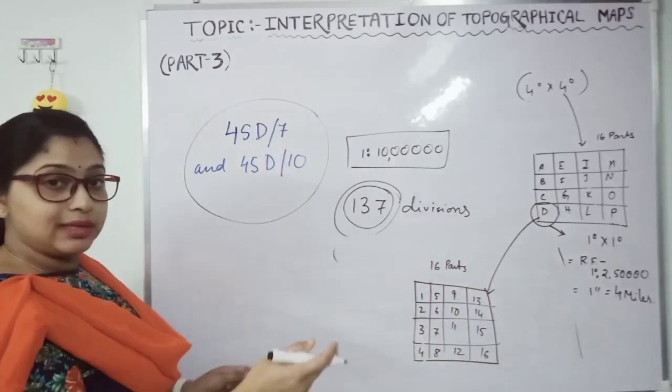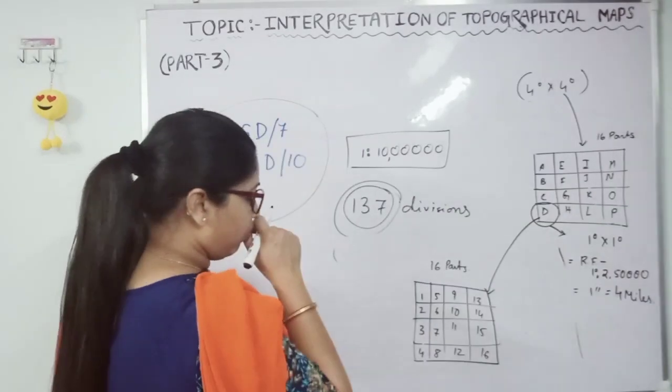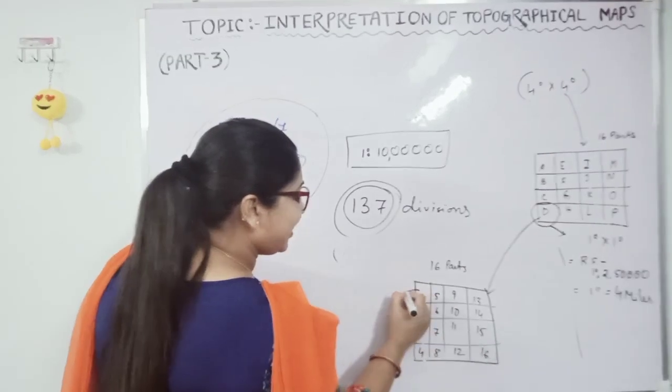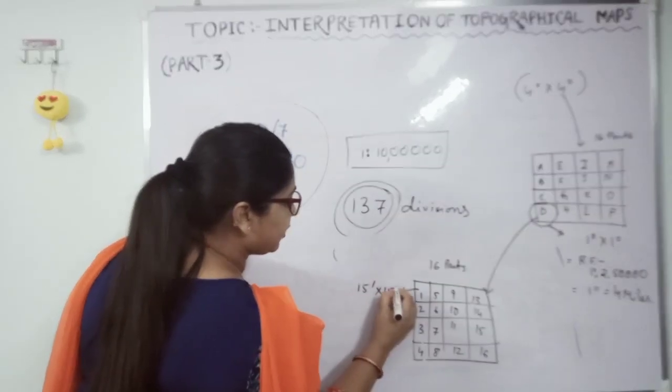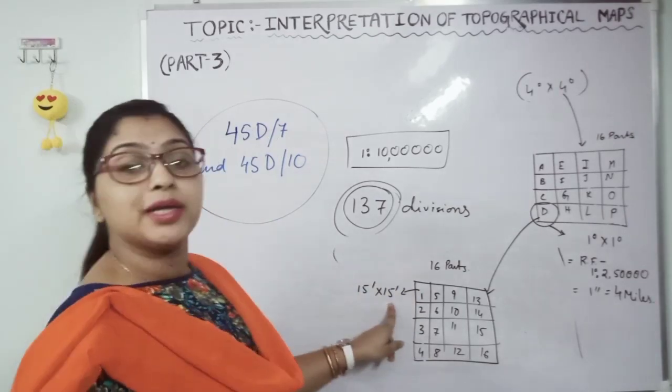The area taken for each of these is 15 minute by 15 minute. How has the 15 minute come?